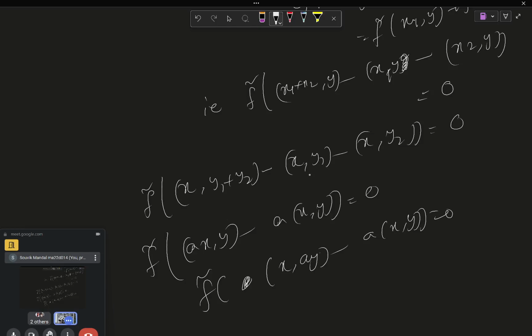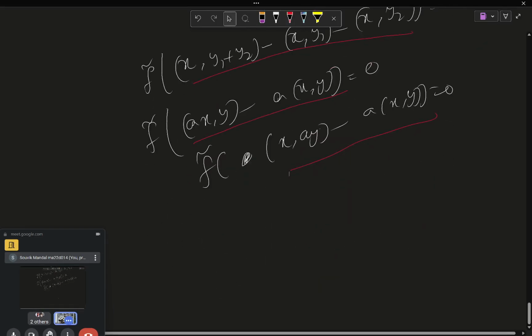So this implies what? Each of these underlying elements is a generator of D, and the map f tilde sends each generator of D to 0.